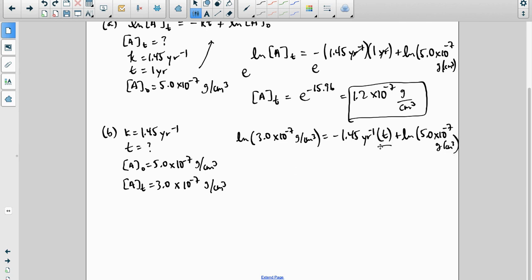Okay, and then I need to solve for t here. Okay, so I can do some algebra. I need to move this to the other side.